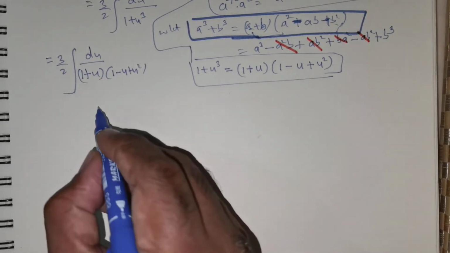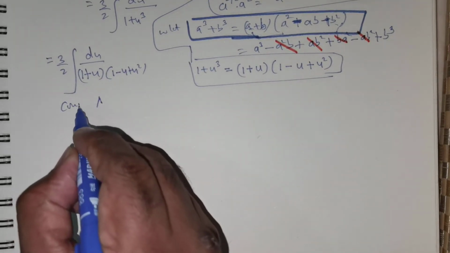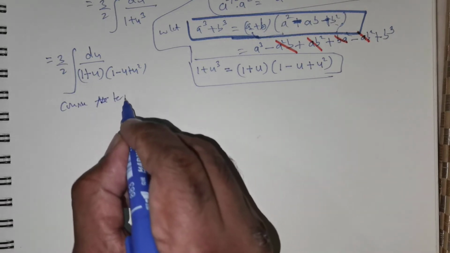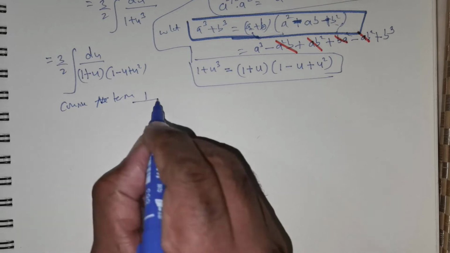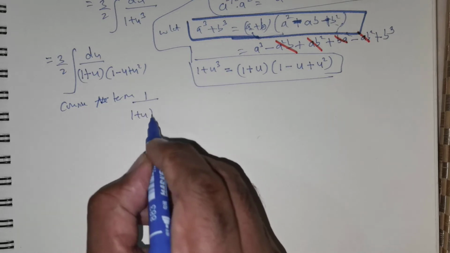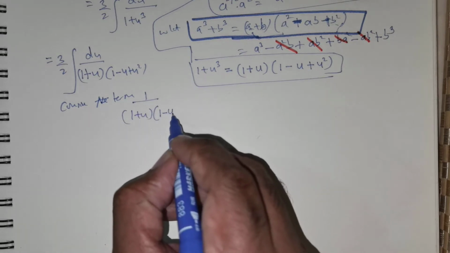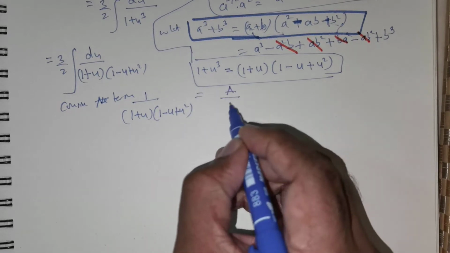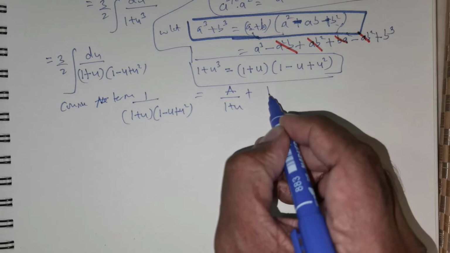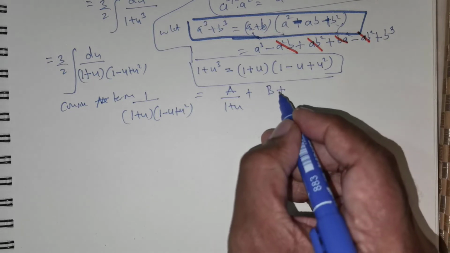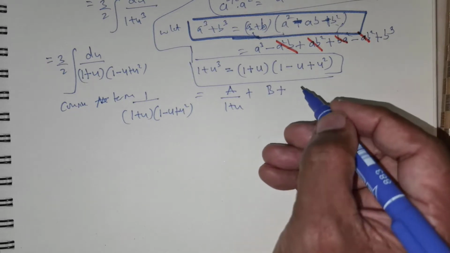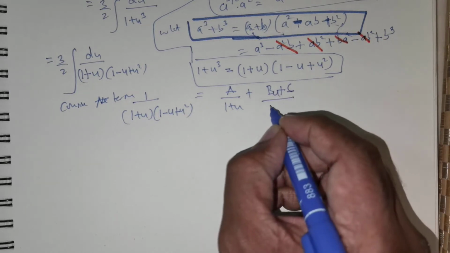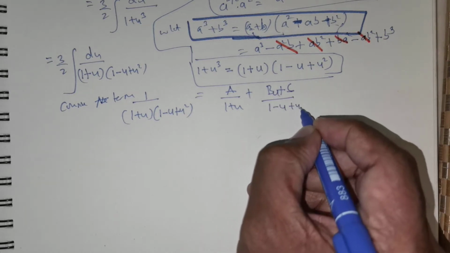So what I would do is I would just consider the term. So what is the term? 1 divided by 1 plus u times 1 minus u plus u squared. Now I'm going to rewrite this as a over 1 plus u plus, in fact, bu plus c divided by 1 minus u plus u squared.